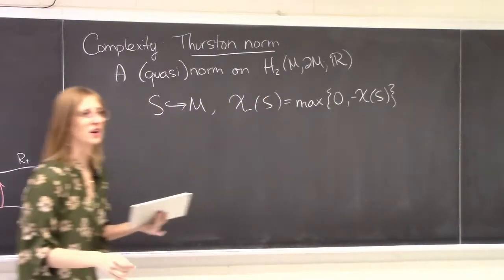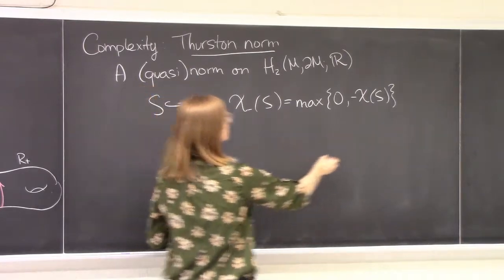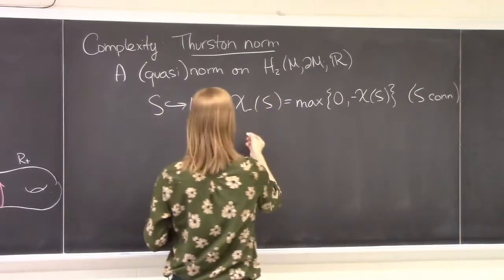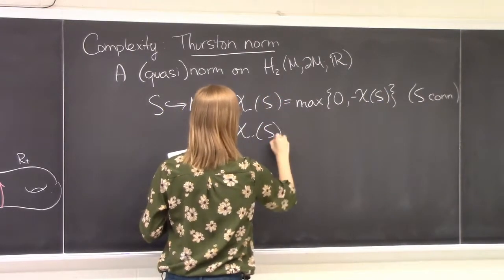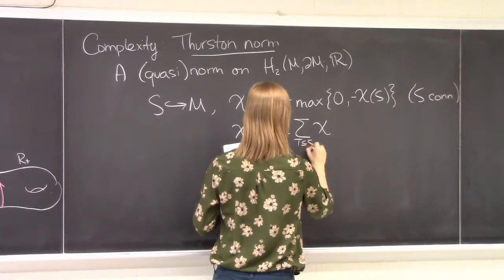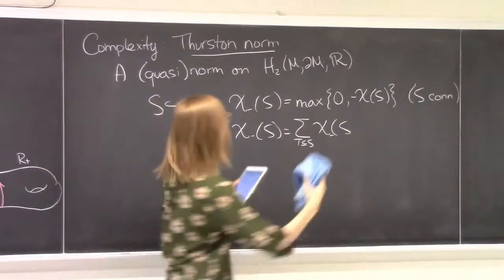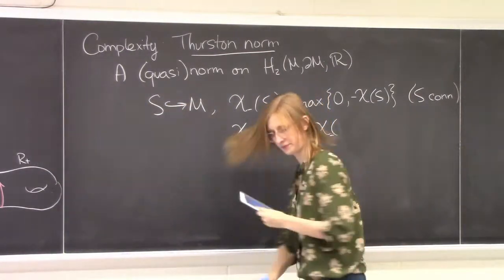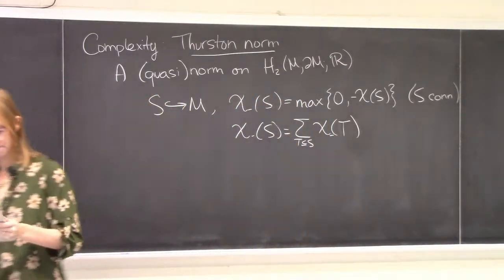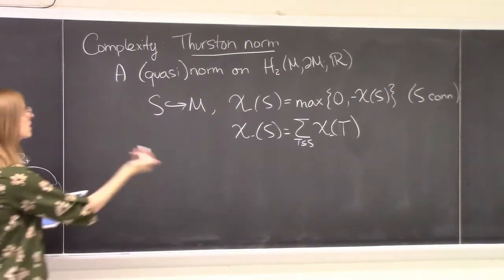So this is saying we ignore any sphere, disk, torus components. This is if S is connected. And if S is not connected, we take the sum over all components. This gives us a notion of complexity associated to any embedded surface in our three manifold.